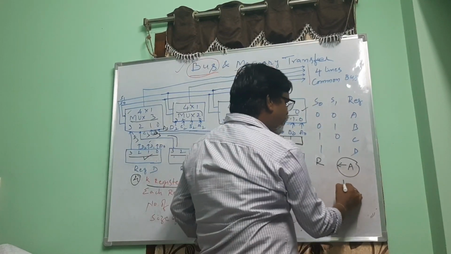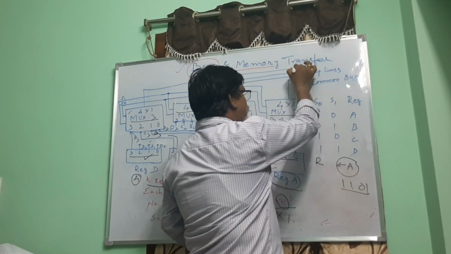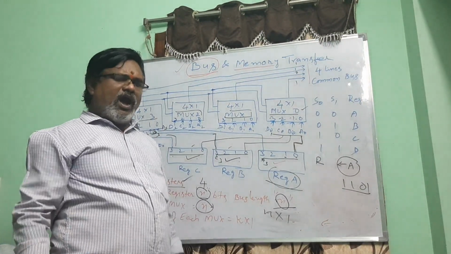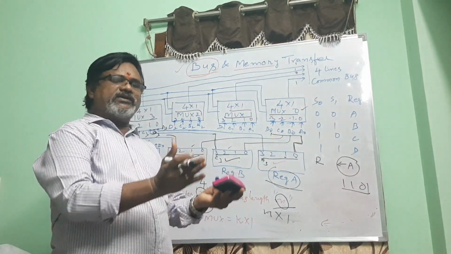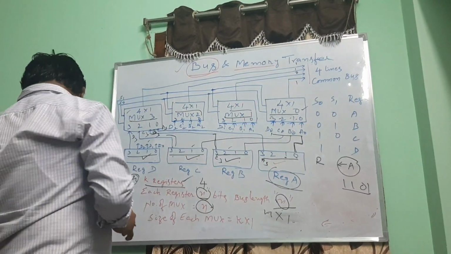Say for example 1101. So this 1101 should be copied onto the bus. How? All the 4 lines of A will be copied. That we will check here now.